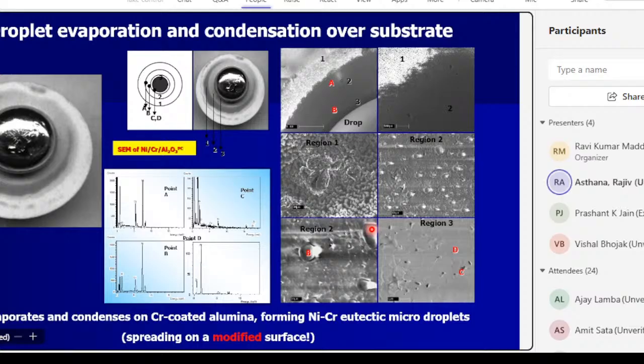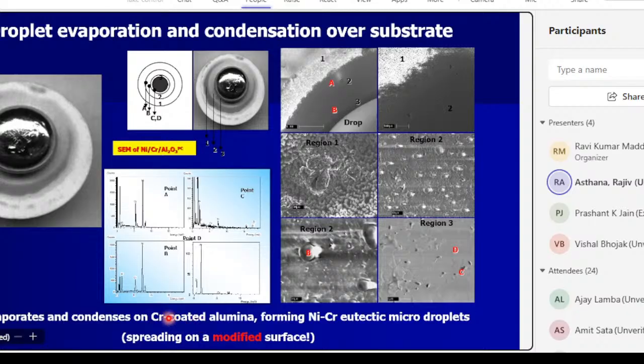Another problem that takes place at high temperature is that liquids evaporate and condense under certain conditions. So in this example, I'm looking at a nickel droplet on an aluminum oxide substrate, which had a coating of chromium.